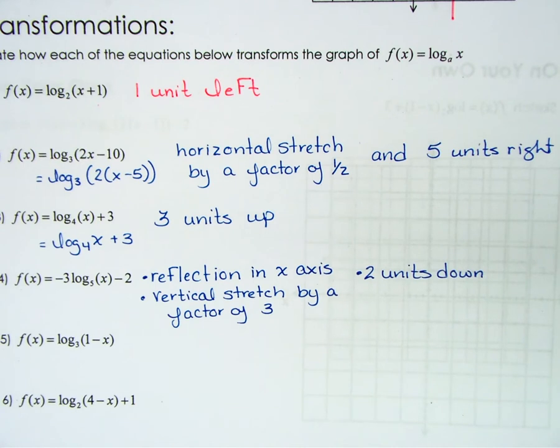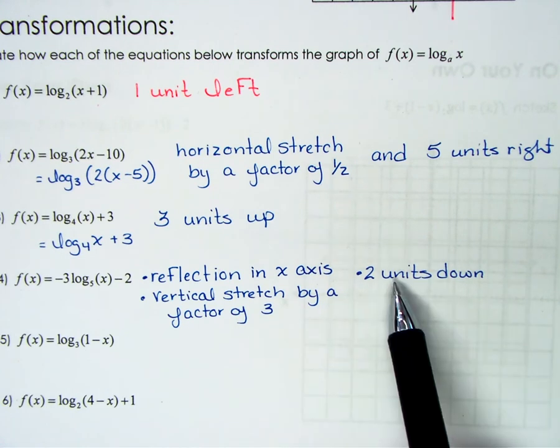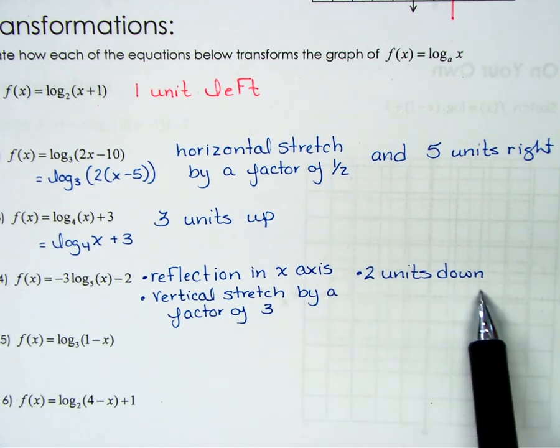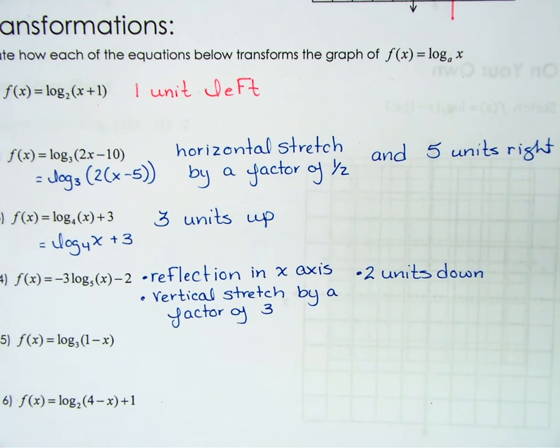So stretch indicates multiply, shift indicates an add or subtract. You don't have to write vertical shift down, because by giving me the direction, that tells me that it's vertical. If you want to, just make sure you're using the correct language.